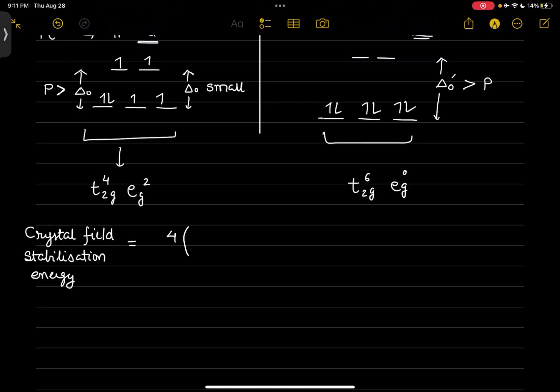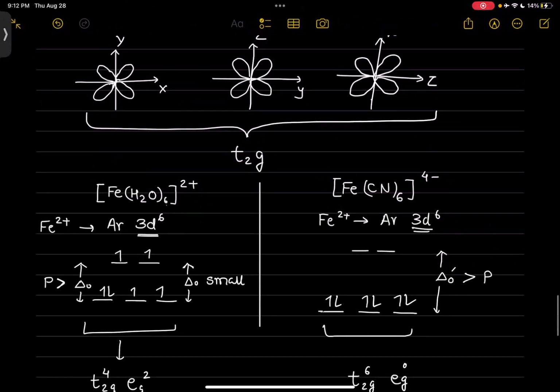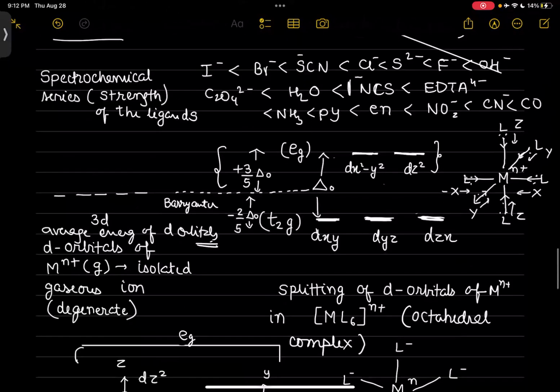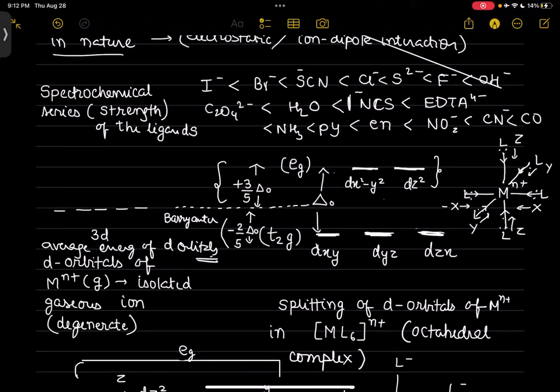The energy of the T2G was lower, so I'm going to put the minus sign, lower than the average. Look here at what we discussed. Lower than the average. How much lower? Minus 2 by 5 delta.